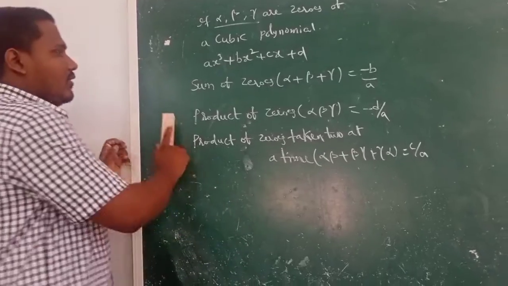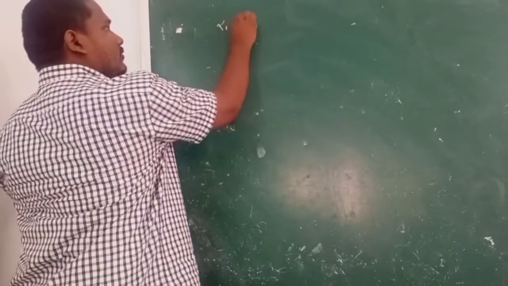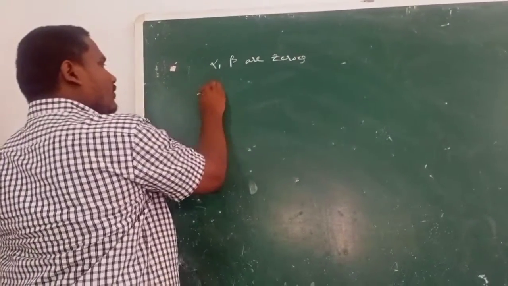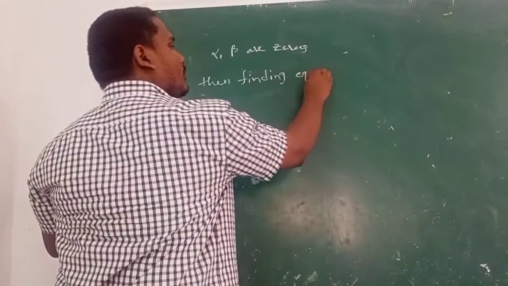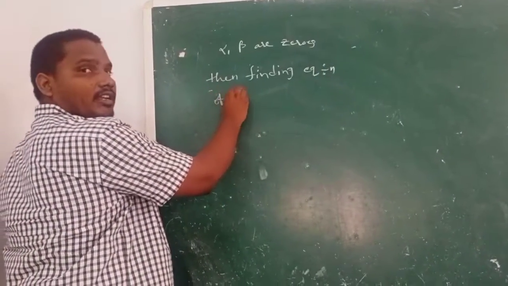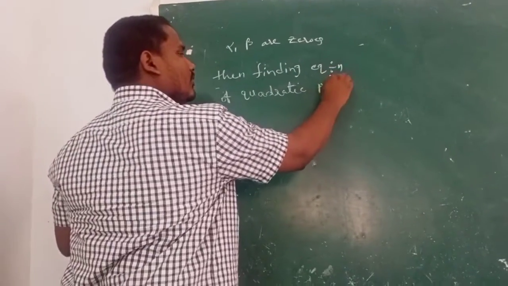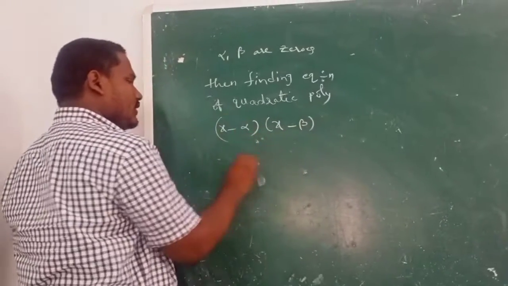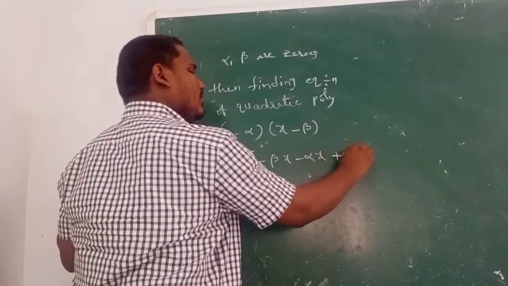Next concept: if alpha comma beta are given as zeros, then the quadratic polynomial is found as x minus alpha into x minus beta, that is equal to x square minus beta x minus alpha x plus alpha beta.